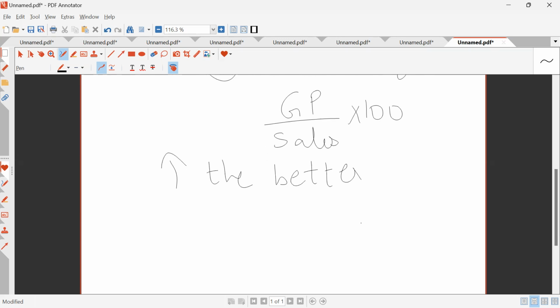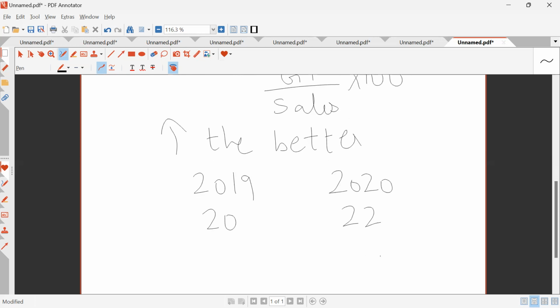For example, in 2019, our gross profit margin is 20%, and in 2020, our gross profit margin has become 22%. This means that the business has improved, that the business has progressed. This is a good sign for the business.